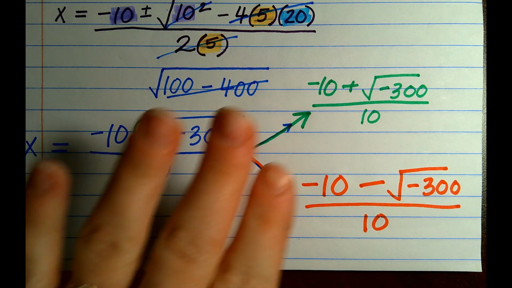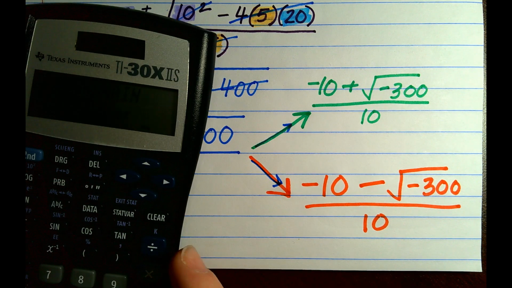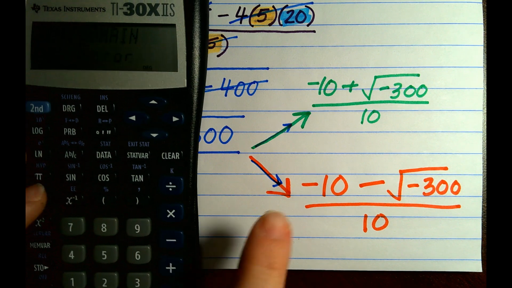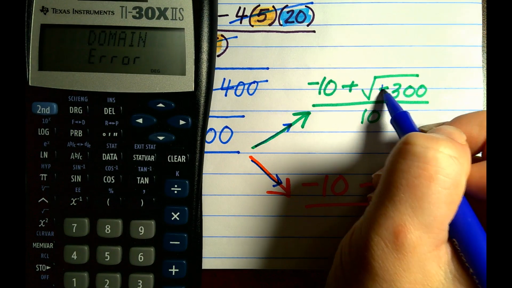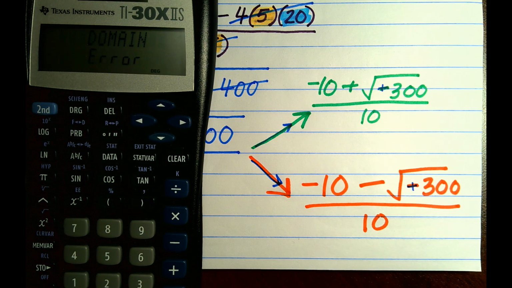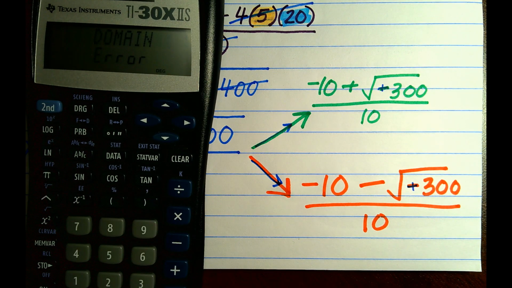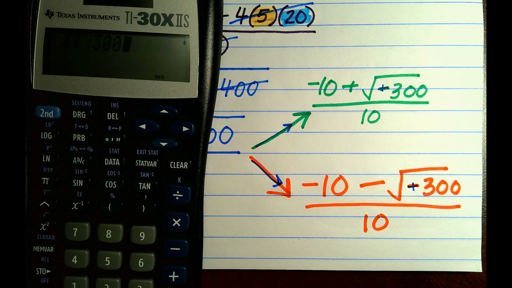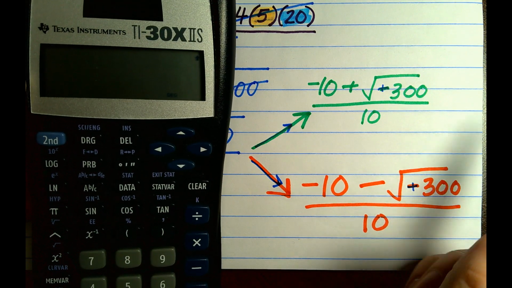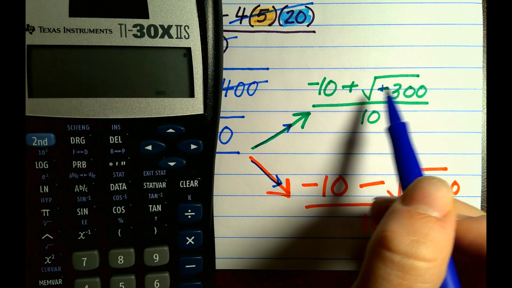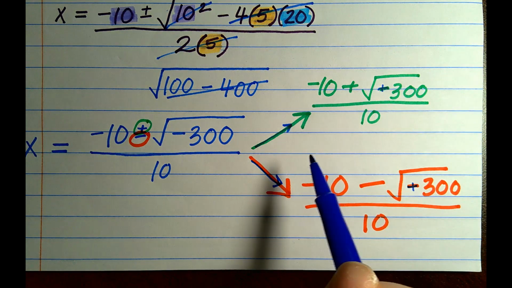I'm going to say, for this problem, because we're not ready to look at imaginary numbers yet, let's just pretend that these are positive under here, the 300s, and let's finish the problem that way. So, now that I've separated my problems, here's what we're going to do. I'm going to look at my plus first.